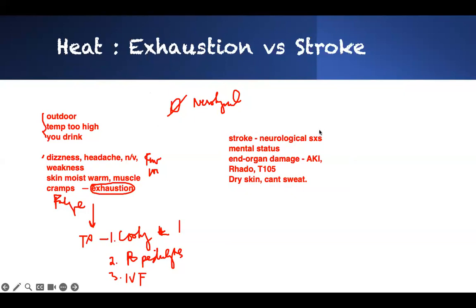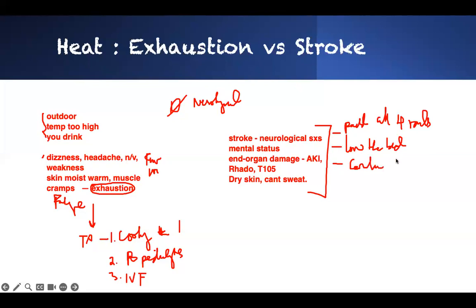This patient, what do you think? They're about to die. So if I say pad all four rails of the bed, you should not say, what are you doing? When I said lower the bed, when I said cardiac monitoring, all this is indicated.